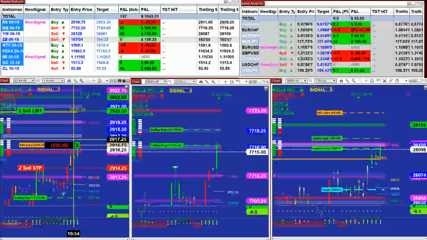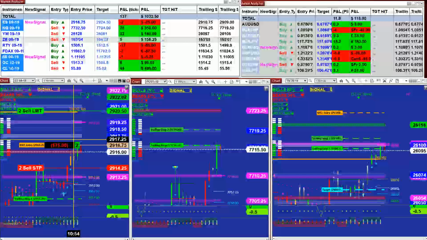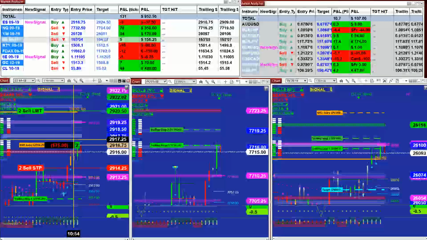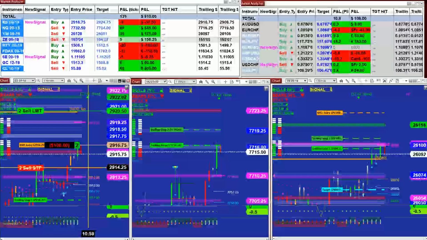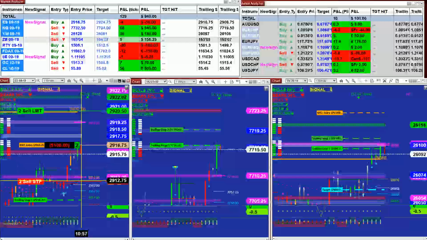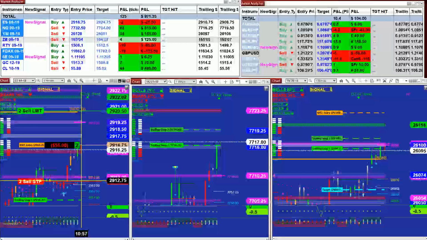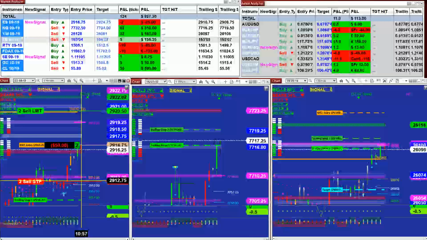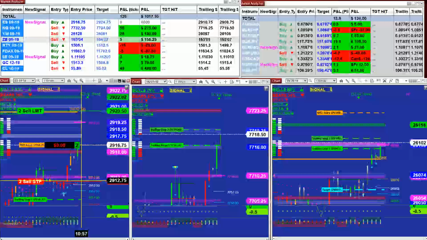Okay, new signal, buy at 1675 on the ES and 2924.50, and there is a weakness, as we said. There is a weakness in the long trade. So this is the first one, and we have a new signal on the euro dollar future, and we are waiting on Mr. NASDAQ here.